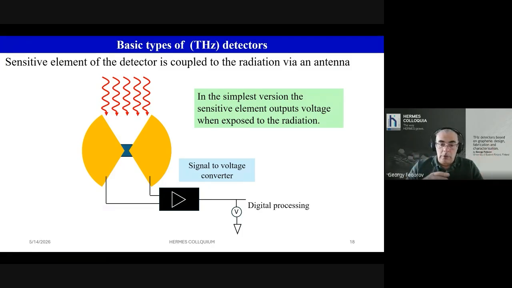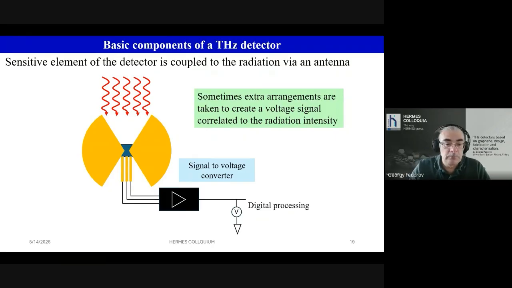So we have an antenna, we have a sensitive element, we have some circuitry probably to convert radiation to voltage. And this conversion is based on certain mechanisms here.